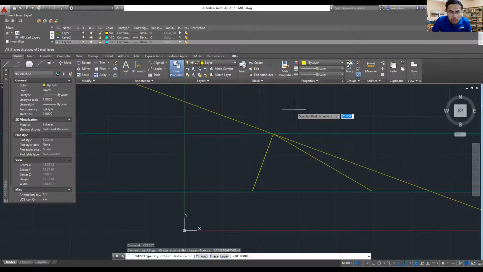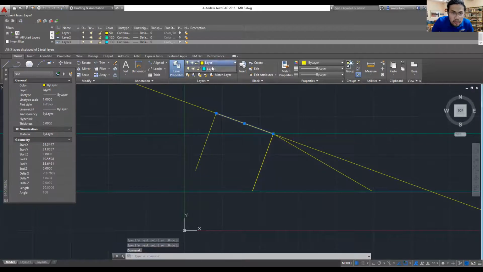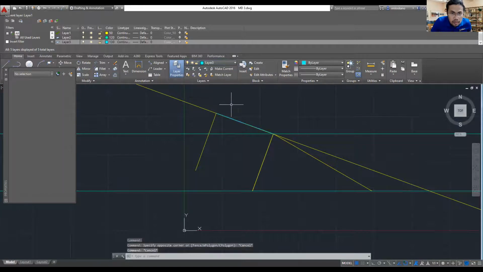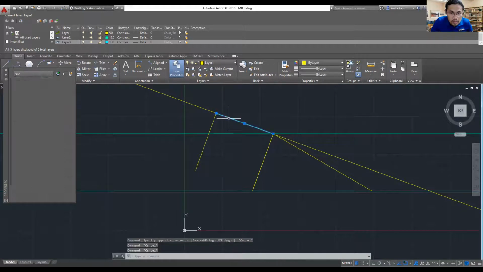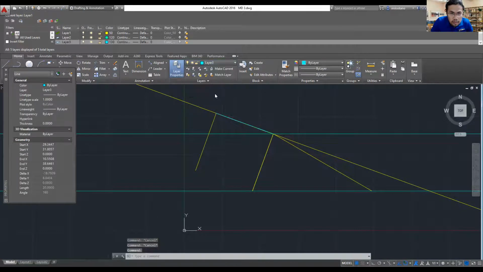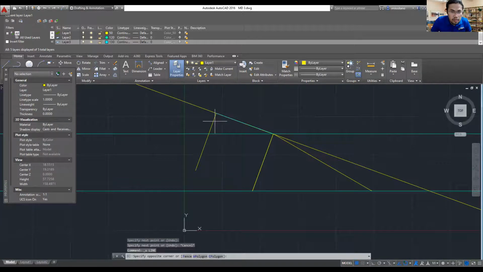Offset. So this is going to be the magnitude of this V sub B. Let's change the color. Delete this one and write this one.